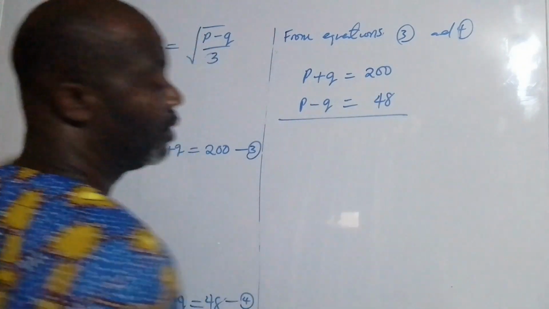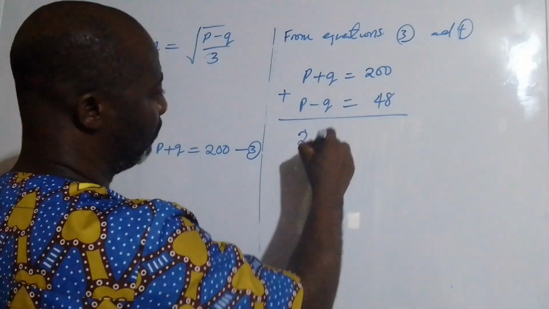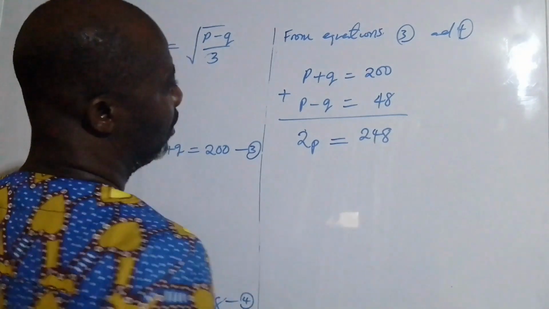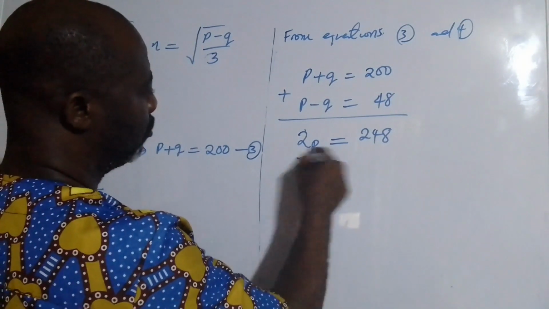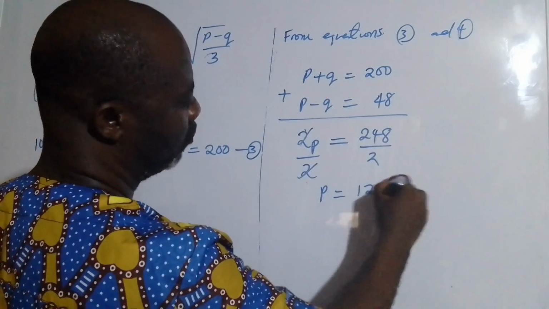Applying the elimination method of solving simultaneous equations, we will get 2P equal to 248. If I divide both sides by 2, I will have P to be 124.